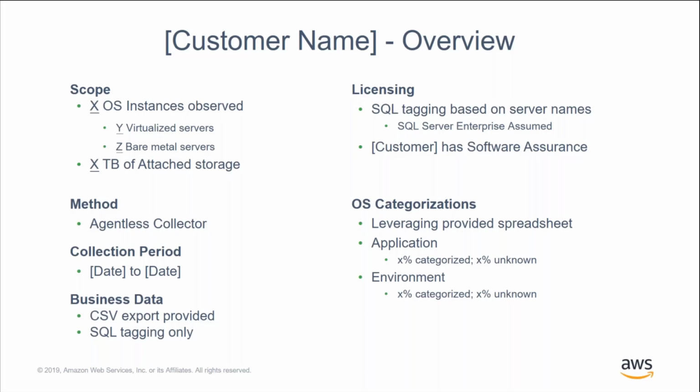Were we provided with provisioning details for your bare metal devices, or did we have to make assumptions for utilization leveraging our industry benchmarks? Any server name with SQL we assumed was running SQL Server. Were these assumptions made? This will outline everything and give you a good overview of some of the assumptions and really what the scope was of what we connected to and the groupings.